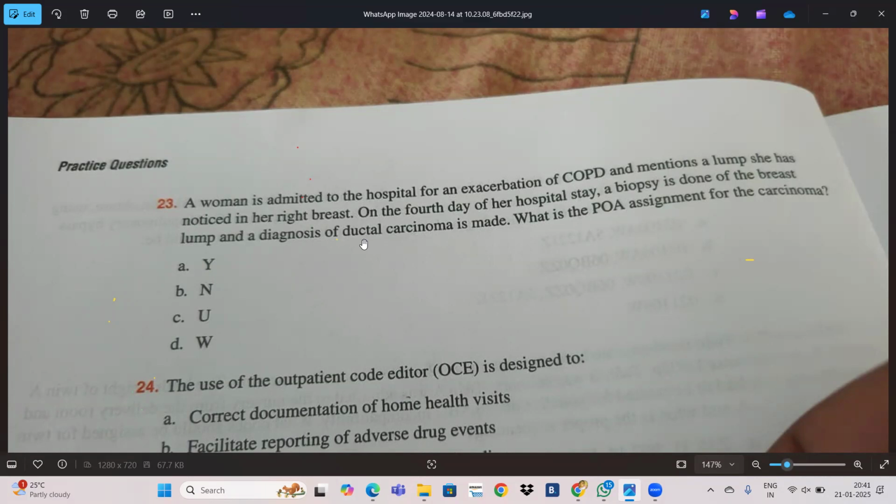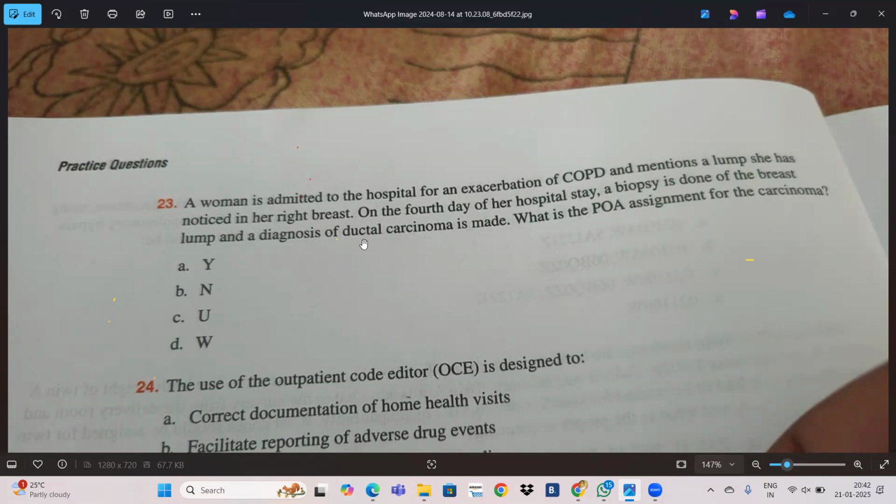Previously the patient had cancer, correct? Cancer is not like infection, it will not develop immediately. Even for some years we can't identify that a patient has cancer. Symptoms will not show immediately.